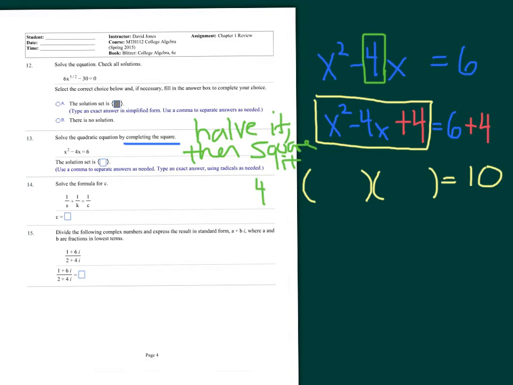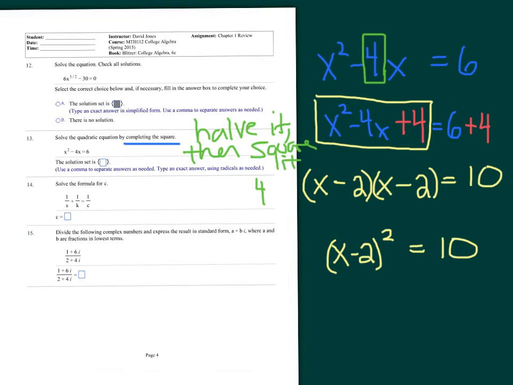So on the left, we've got x and x when we factor it, and we need 2 things that multiply to make this 4 here, and that will add to give us negative 4. So that would be negative 2 and negative 2. And you might notice those are identical, so we could write this as x minus 2 and then square it equals 10.